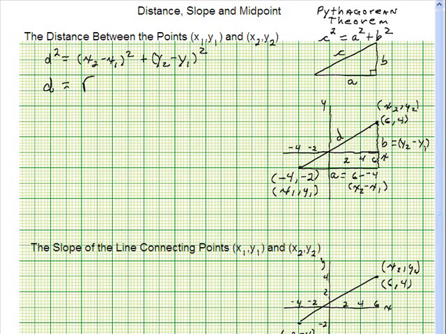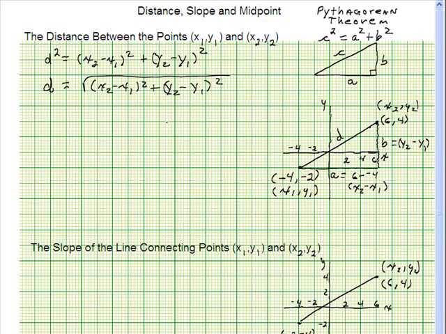And I get d is equal to the square root of x2 minus x1 squared plus y2 minus y1 squared, which is the same in our Pythagorean theorem as a squared plus b squared. Notice that's a plus in the middle, just like in the Pythagorean theorem.